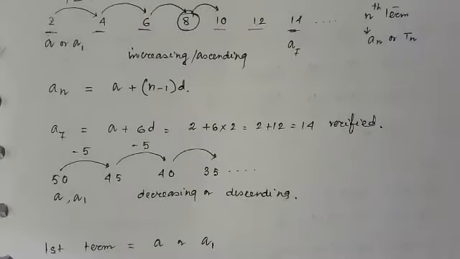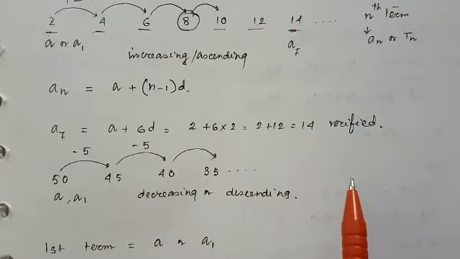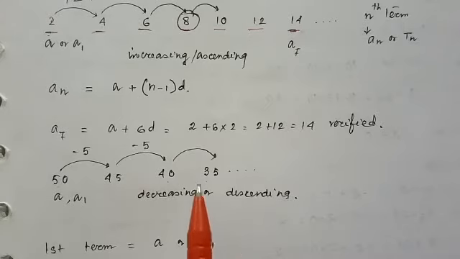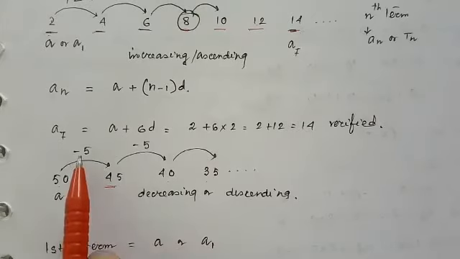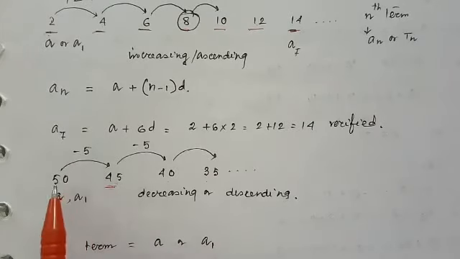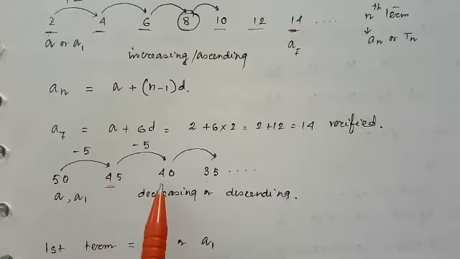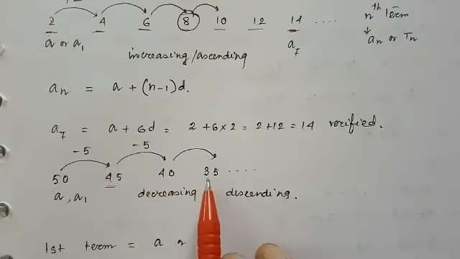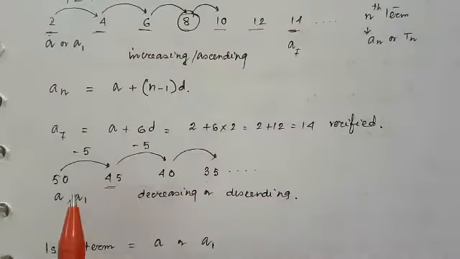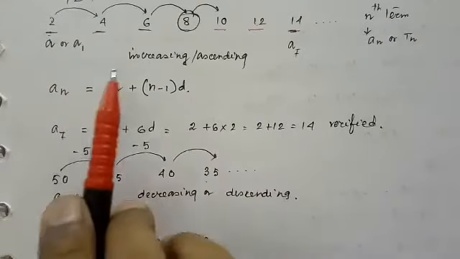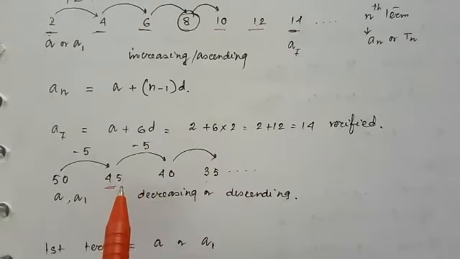Here we see that every term is obtained by subtracting 5, or adding minus 5, to the previous term. 50 minus 5 is 45, 45 minus 5 is 40, 40 minus 5 is 35, 35 minus 5 is 30, like that. So this is a sequence in AP, arithmetic progression.